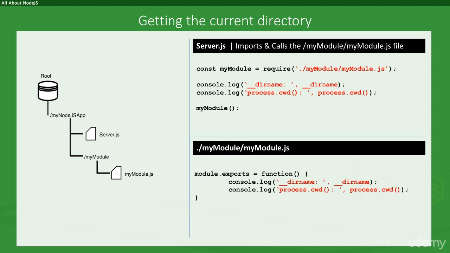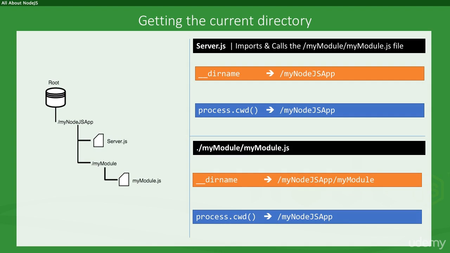So __dirname when called from the server.js file resolves to the folder my Node.js app. This is the folder which contains the server.js file. The __dirname in mymodule.js resolves to its local folder, that is my Node.js app/mymodule.